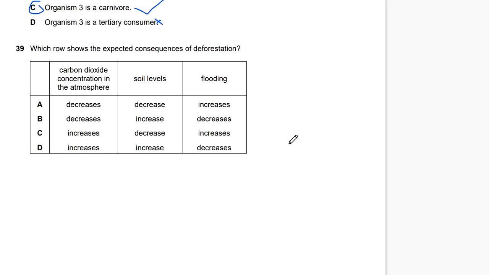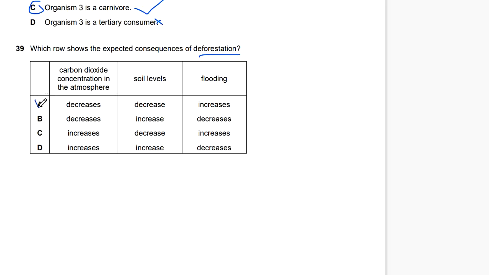Which row shows the expected consequences of deforestation? Deforestation is you cut the trees in the forest. So carbon dioxide concentration in the atmosphere increases because the carbon dioxide that should be absorbed by the plants is already in the atmosphere.